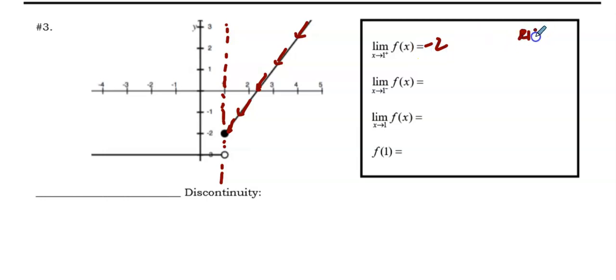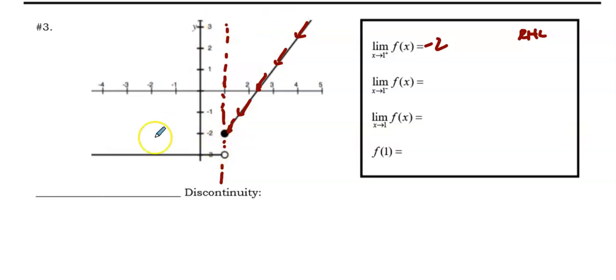So this is a right-hand limit. I want to stress that it doesn't matter if this is open or closed. This is a limit as x approaches 1 from the right. It's not that it's going to be -2, it's just what it's approaching. So this can be open or closed. It does not matter.